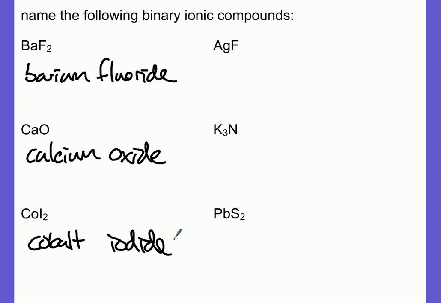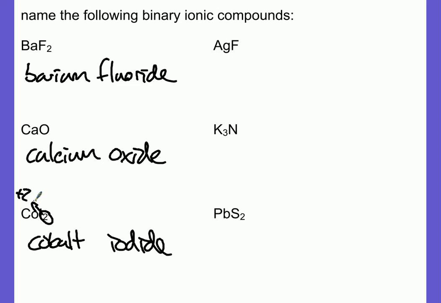So I'm looking at this formula right now, and I can actually tell which cobalt it is. I just have to think backwards from what we were doing before. This 2 here with the iodide can be moved up more or less to give me that +2 charge.